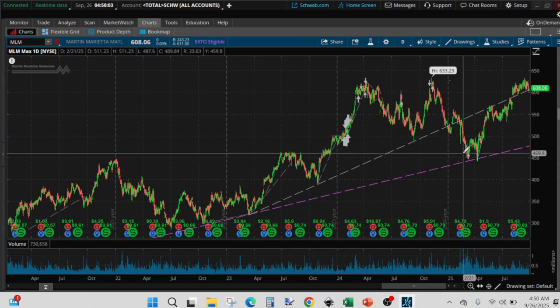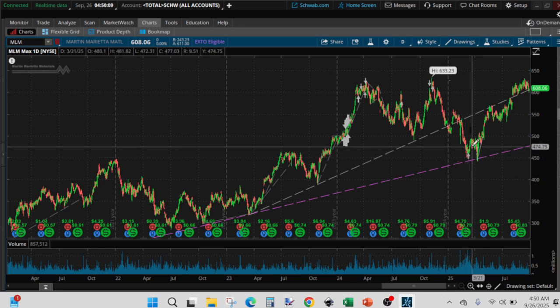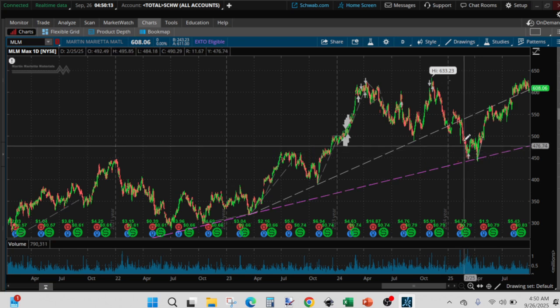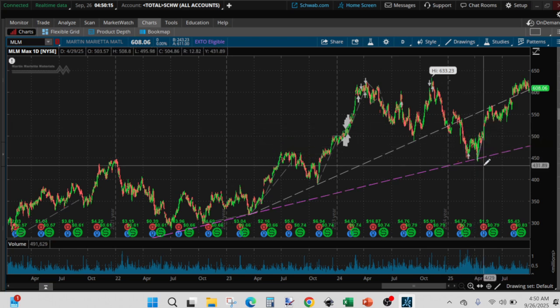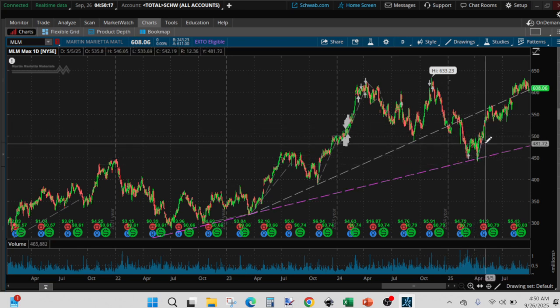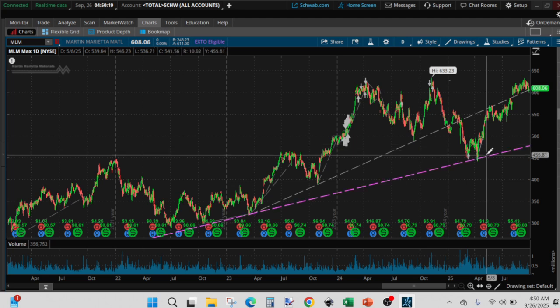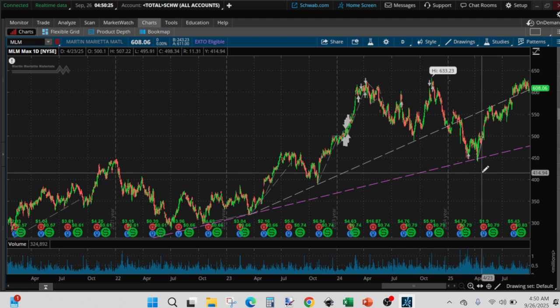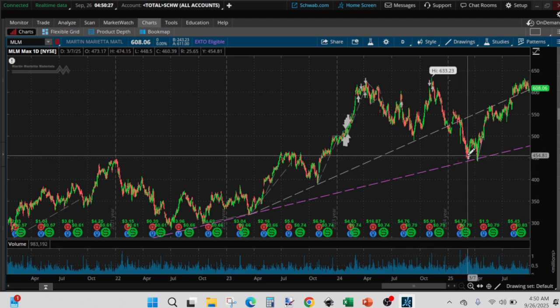If you are busy with a job or with your business and you are not able to analyze the chart on a daily basis, for a few days, a few weeks, who knows, you can still, if there is a stock that you like to buy that is well set, you can still see it. For instance, I have these stocks here that I purchased.